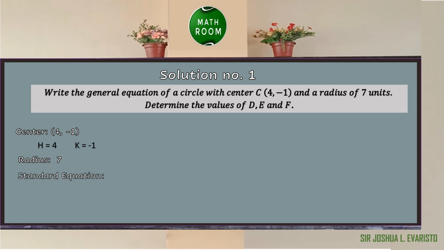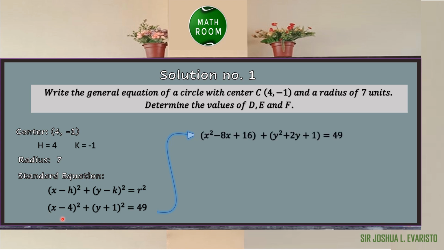Writing the standard equation of a circle by substituting the given values. So we have the quantity (x minus 4) squared plus the quantity (y plus 1) squared is equal to 49. Then we can transform this into the general equation by expanding (x minus 4) squared.